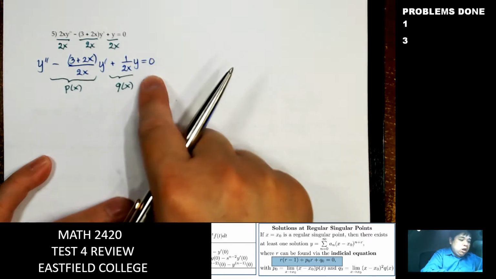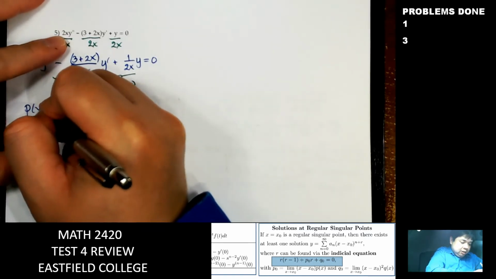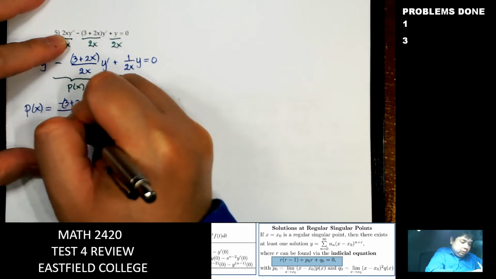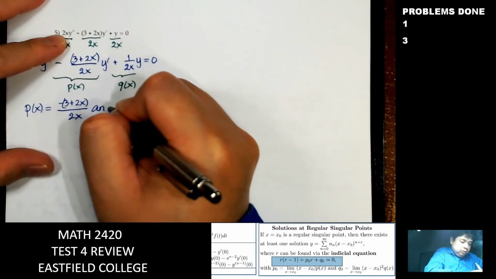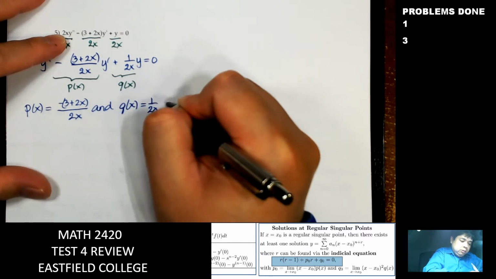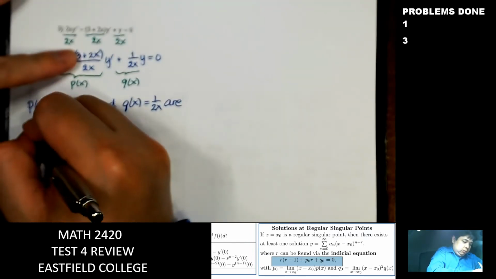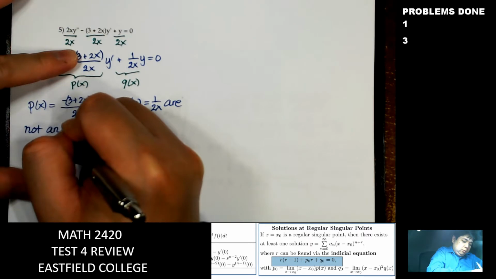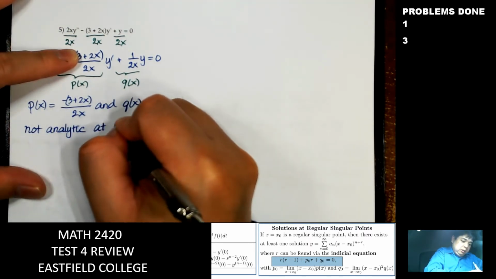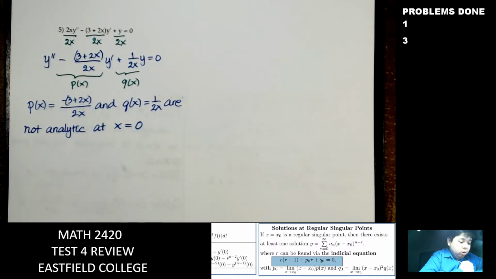And when x equal to 0, both of these functions are not analytic. So singular point is x equal to 0.